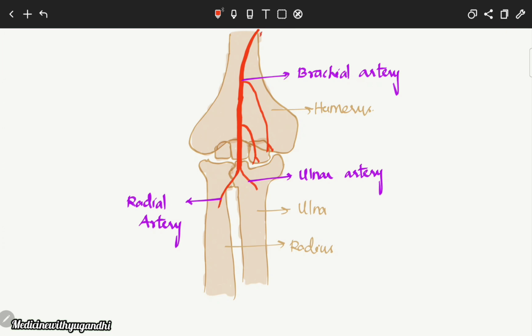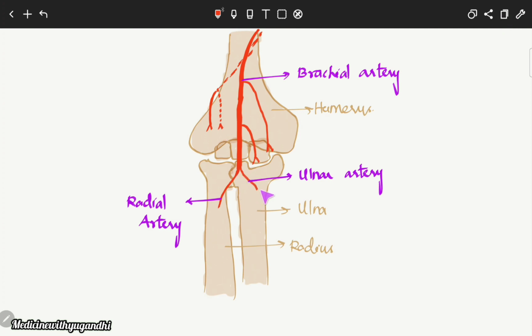I'm just going to show the small course of the profunda brachii artery, which passes behind the humerus and comes in front of the lateral epicondyle. From the profunda brachii artery, there arise two branches called the anterior descending branch and a posterior descending branch.